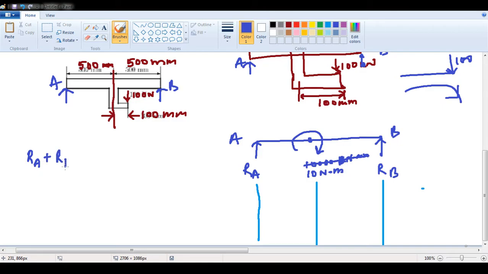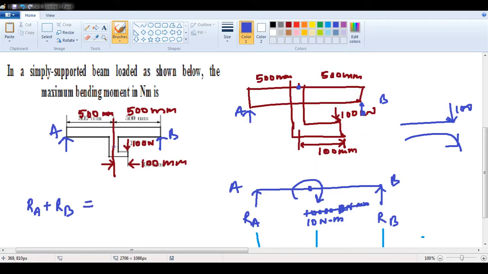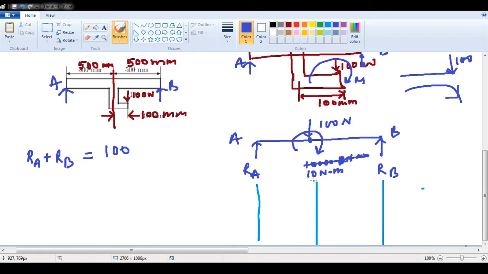RA plus RB is equal to how much? Is any load falling? Yes, there is a load falling here, 100 Newton. This 100 is equally carried by the supports, but because of the distance, there will be the creation of a moment. So here I am replacing that with a free body diagram. So RA plus RB is equal to 100.